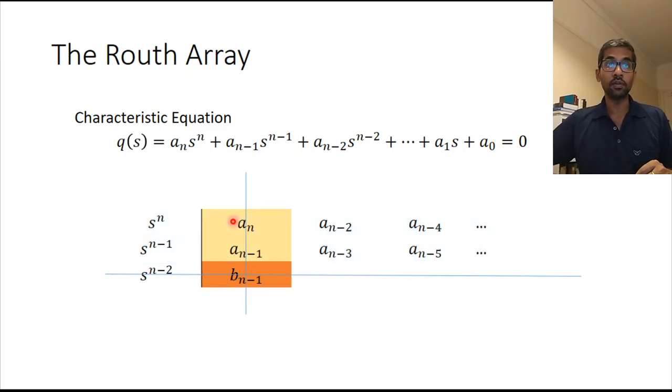Okay, so we've done that, and after doing that, identify the current column. This is the current column. Identify the elements in the top two rows in the column immediately after the current column. So we are looking at an minus 2 and an minus 3 here.